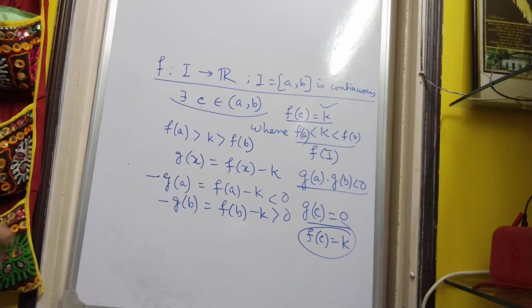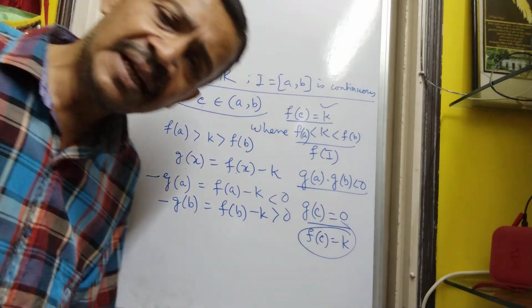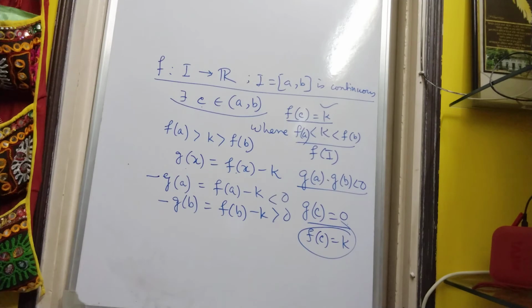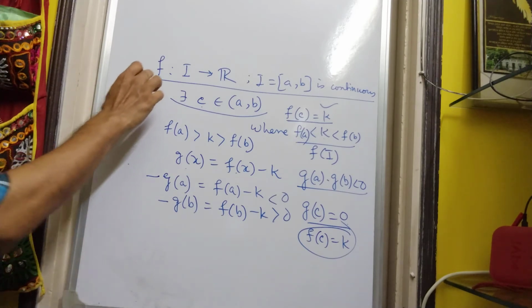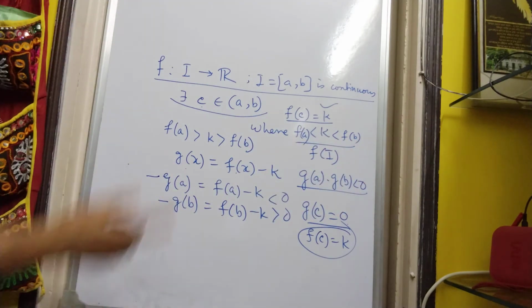So we have established that for any continuous function defined on a closed and bounded interval, this is very important, f takes all the values in between f(a) and f(b), since f is continuous.